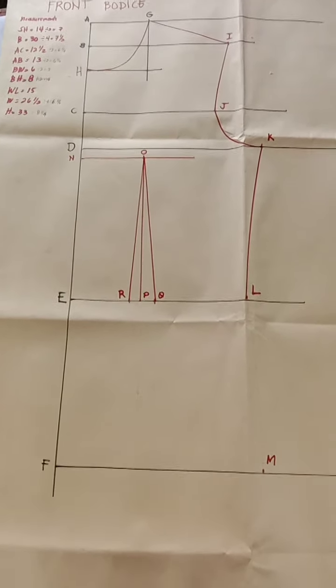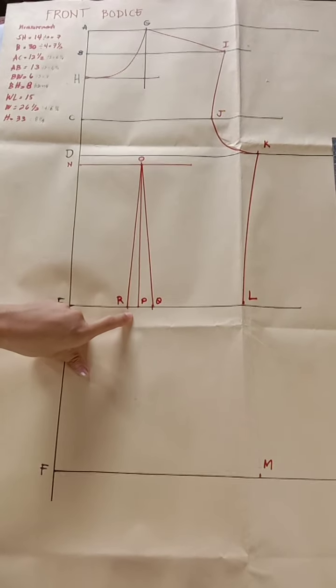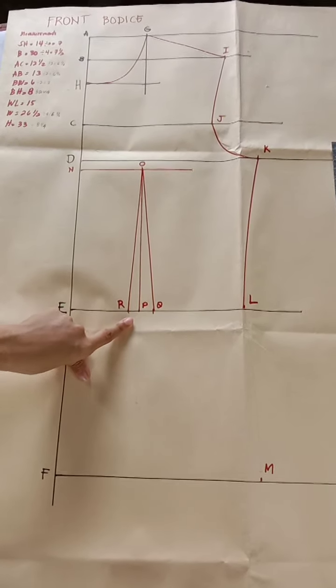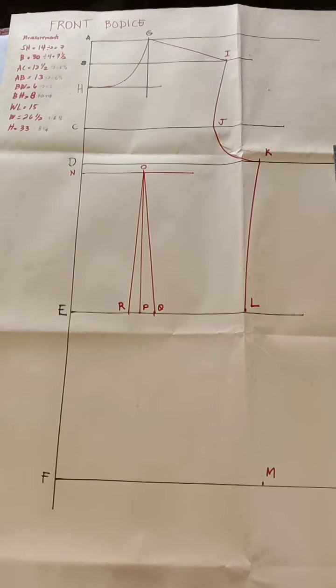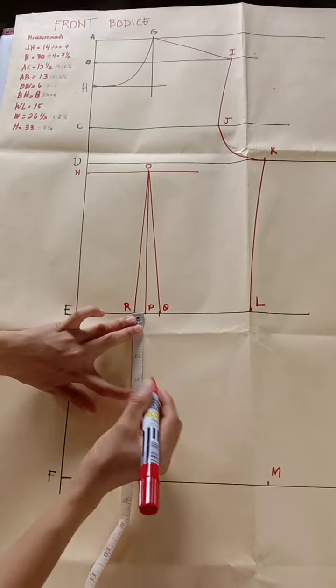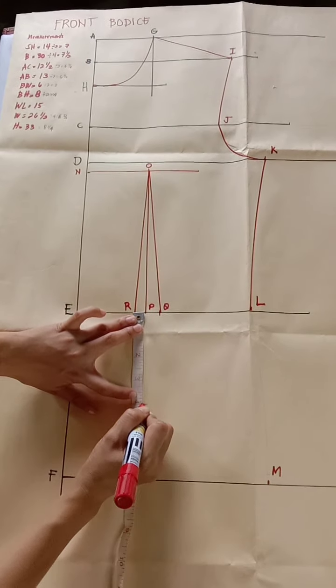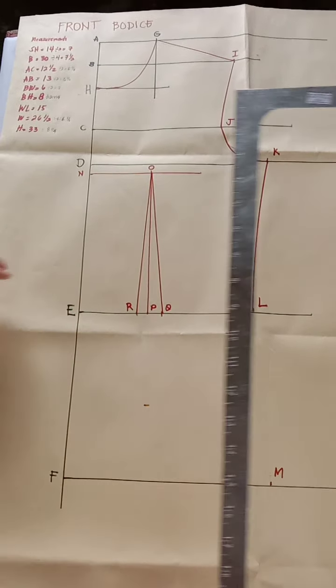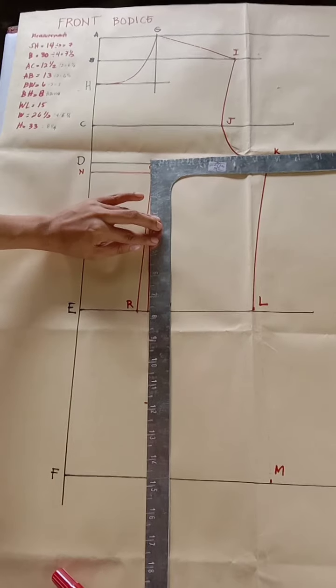Step 18, from point P, measure 4 inches downward and mark it as point S. So, ang gagawin natin, extend lang natin ang konti itong line na to.